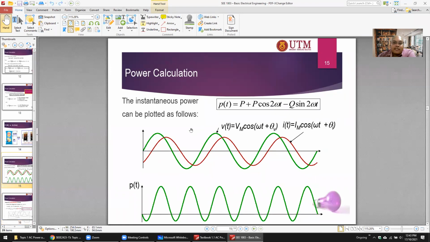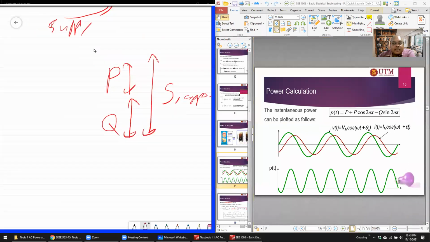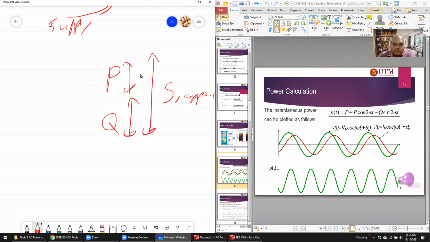Another way to calculate this: you remember the instantaneous power. When you already know P and Q, p(t) is basically P plus P cos(2wt) minus Q sin(2wt).